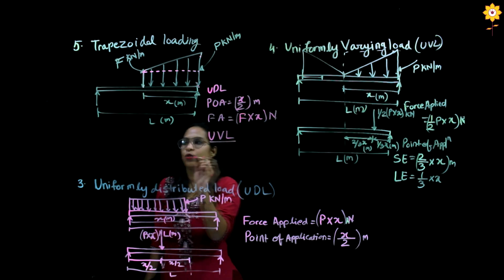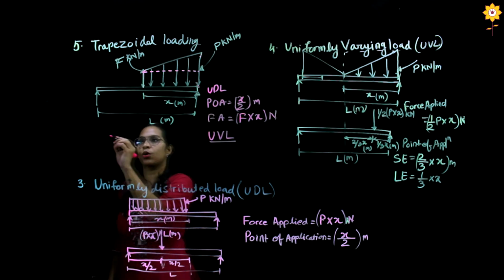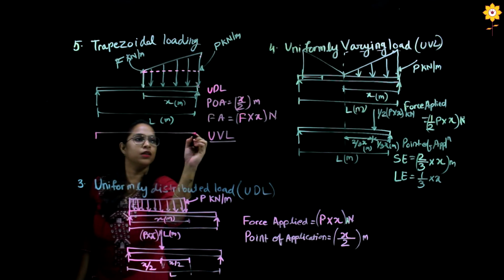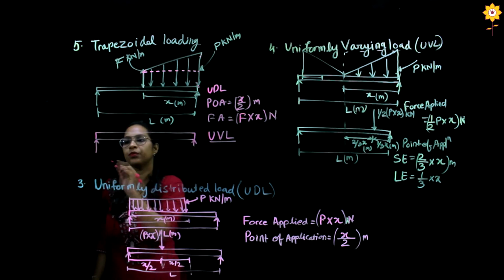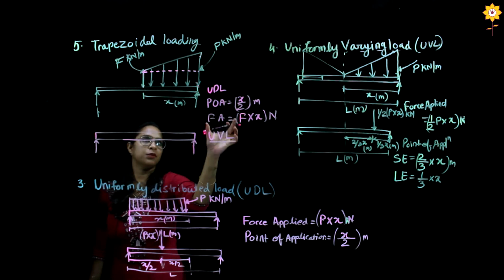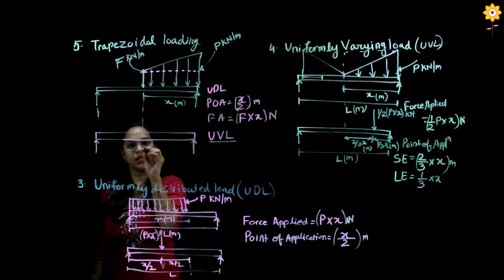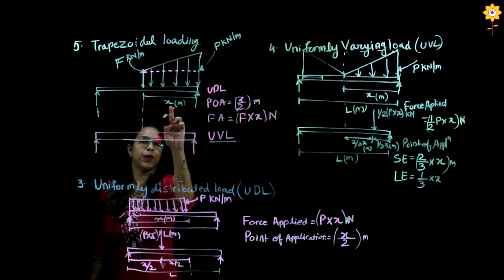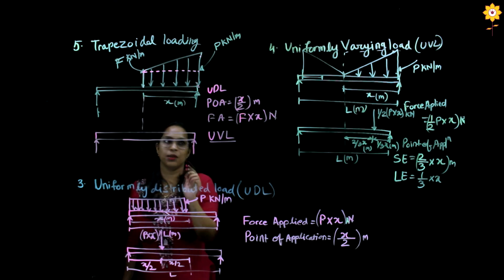Before we solve for the UVL, I'll place this on a beam. So this is a simply supported beam, and here I'll first place my UDL. Taking the reference from here, I have my x distance over which both loads are placed.